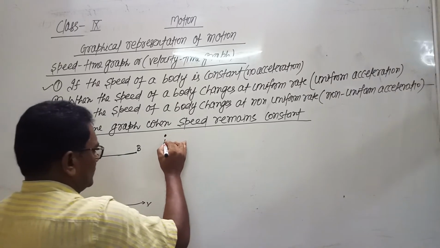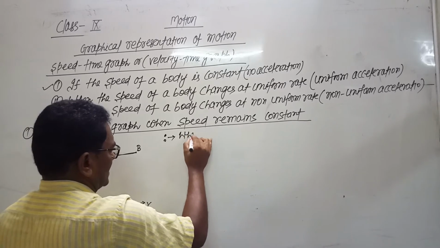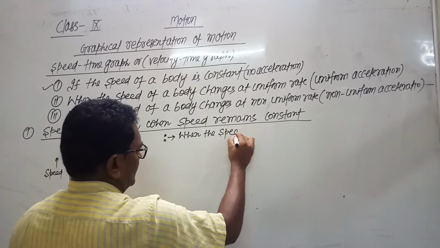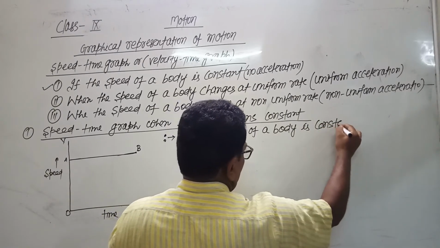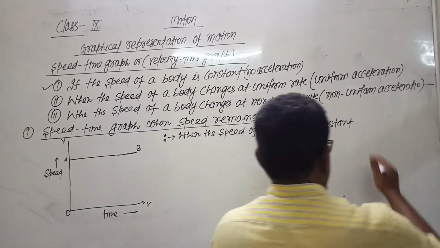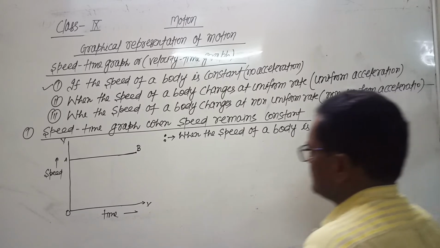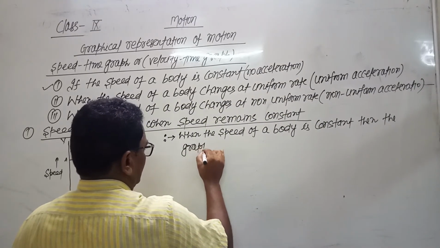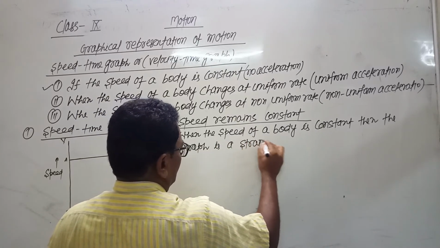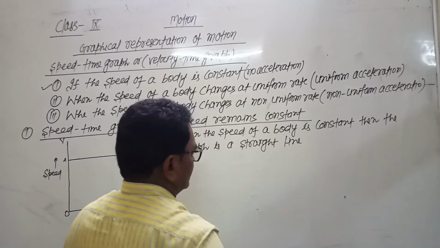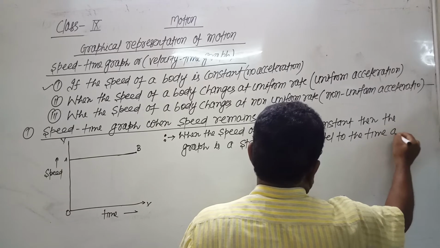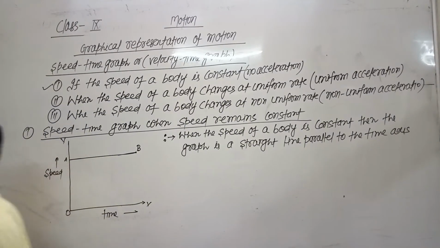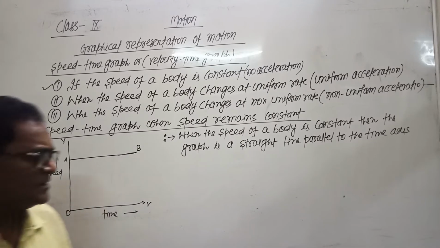So the first conclusion we draw is that when the speed of a body is constant, then the graph is a straight line parallel to the time axis.